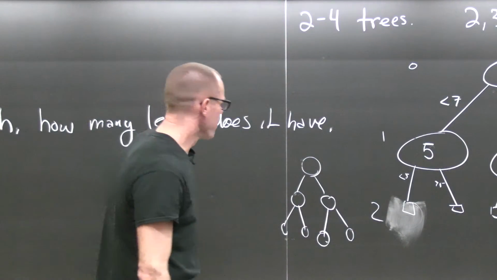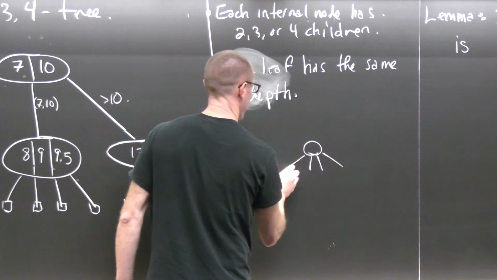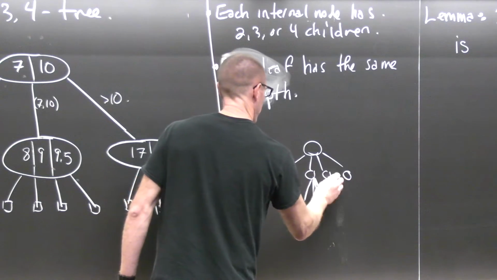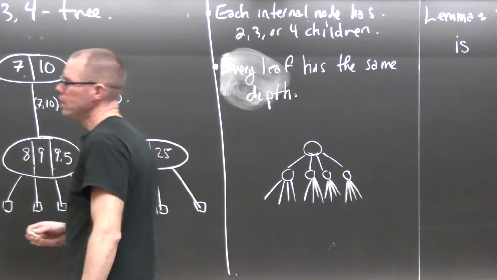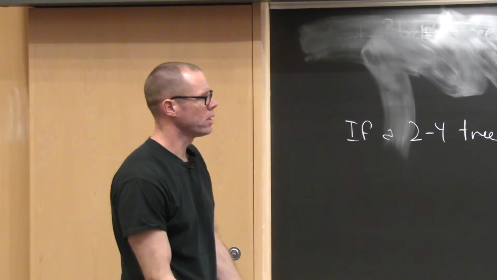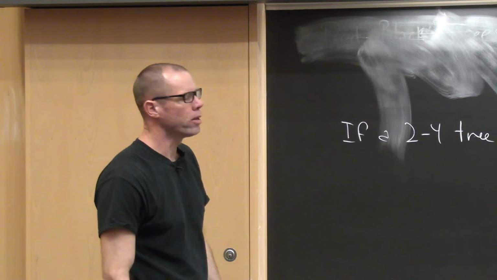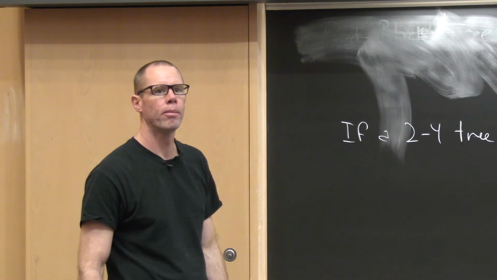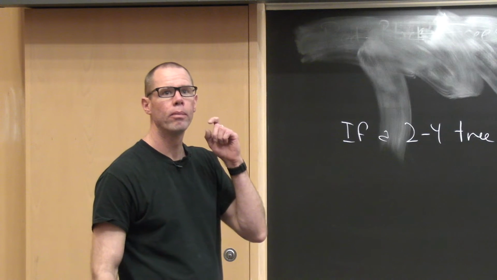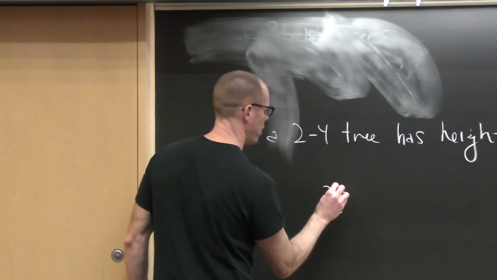On the other hand, if we wanted to see what the biggest 2,4 tree of height 2 is, we should give everybody 4 children, and then we get 16 leaves in the tree. So in general, if it has height h, what can you tell me about the number of leaves?